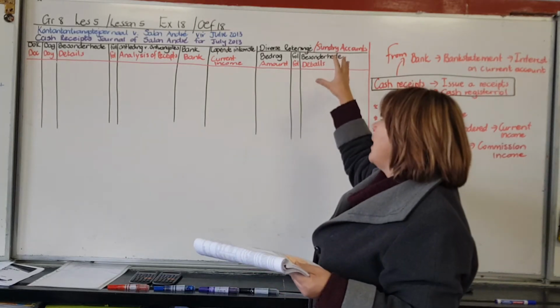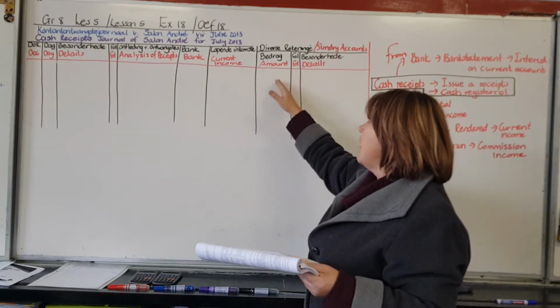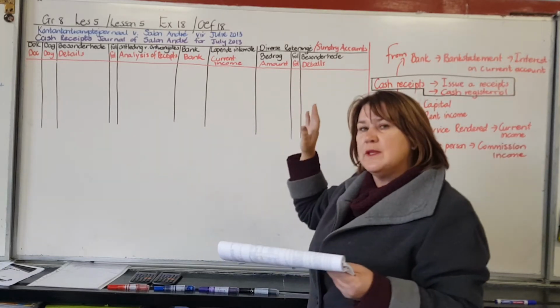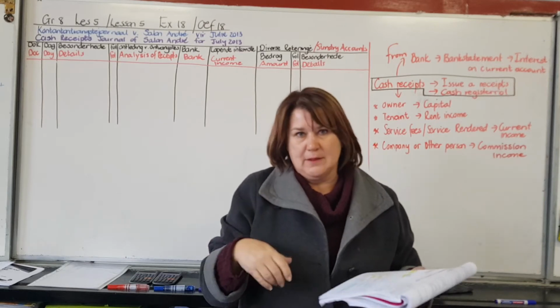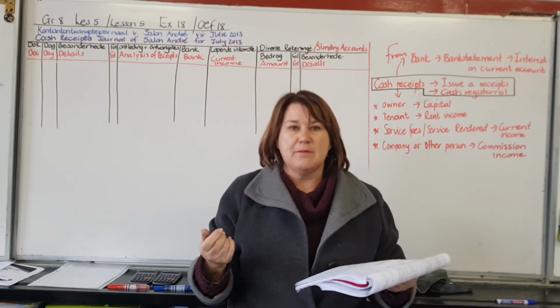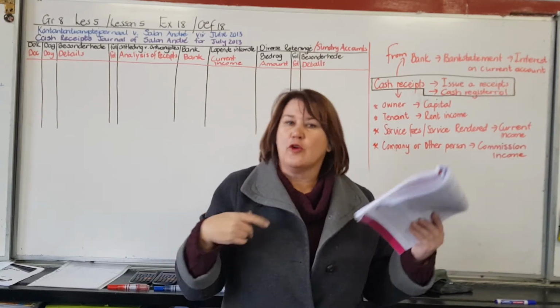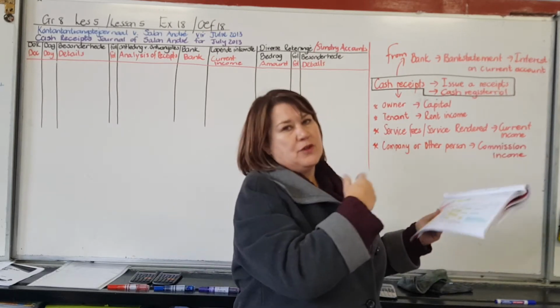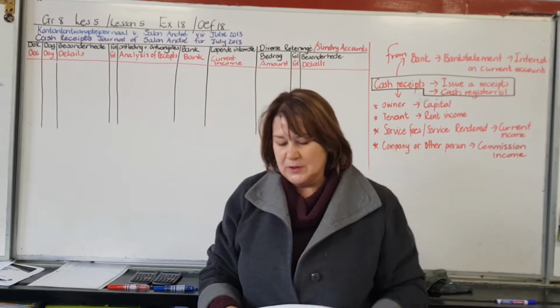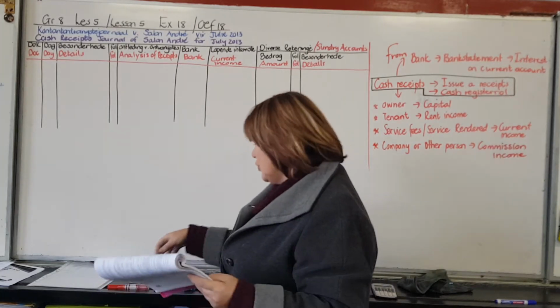So you add that into these columns, the amount and then the details. So what will the details be? Why did we receive money for capital? Why did we receive money from a person for commission income or rent income, or from the bank, interest on current account? All right, so that's what you have to go and complete.